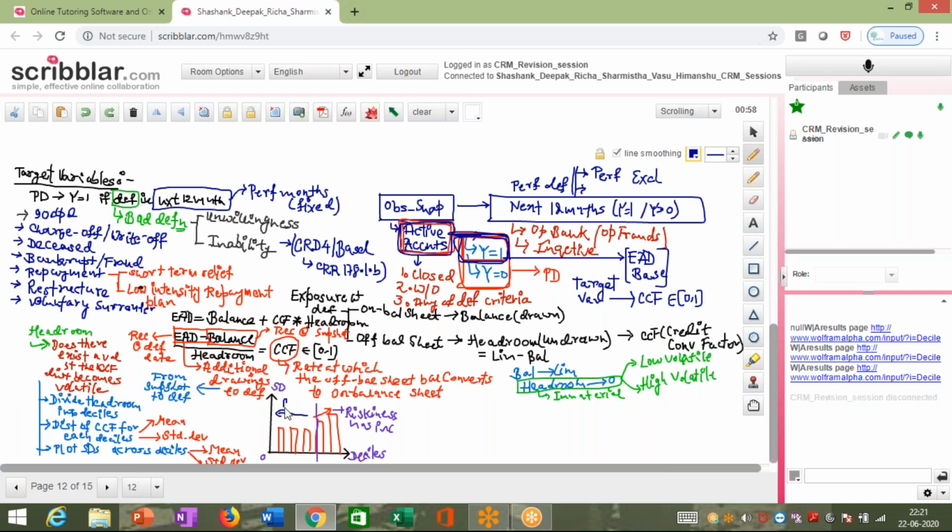As long as the headroom is more than this value, it is CCF1. When the standard deviation is less than this value, it is CCF1. When the standard deviation is more than this value, it is the other definition.